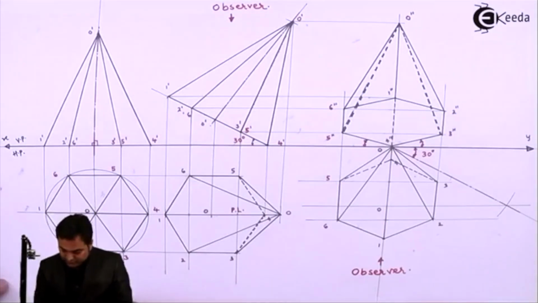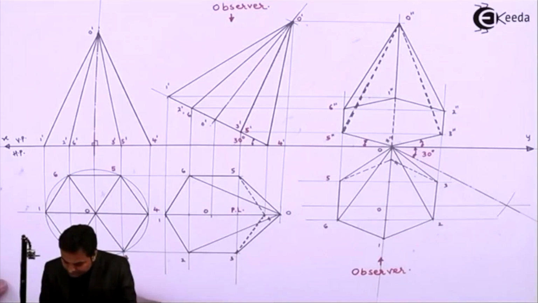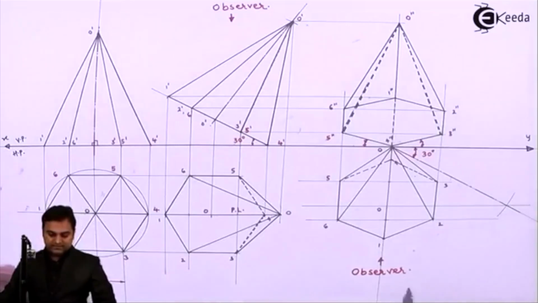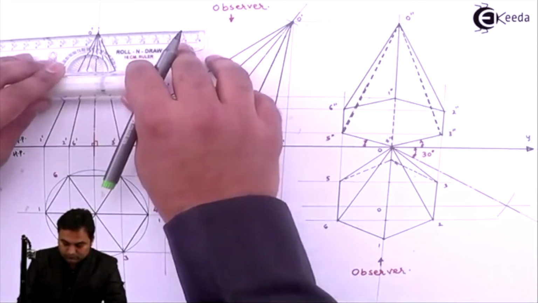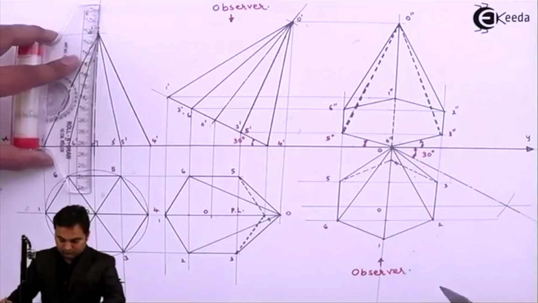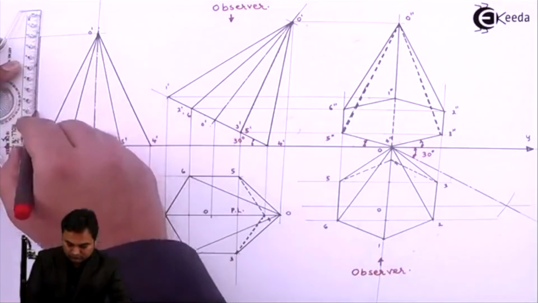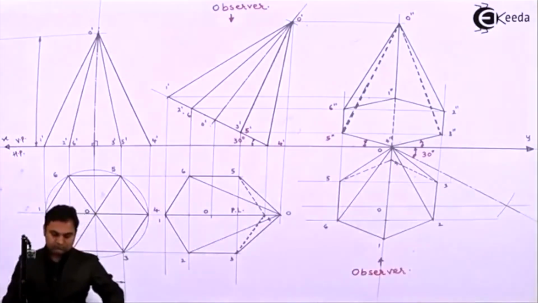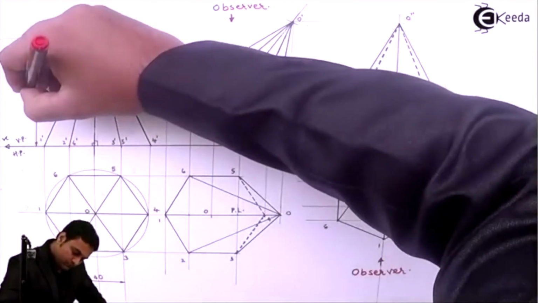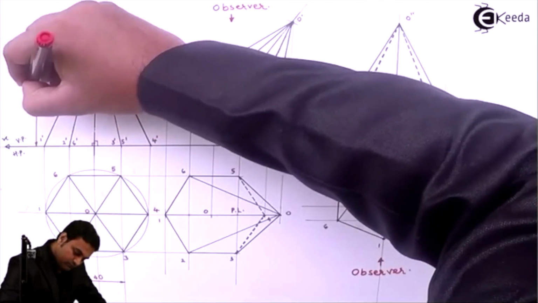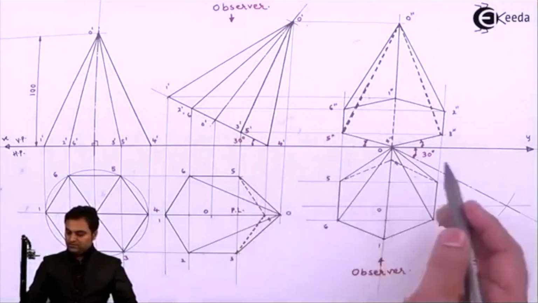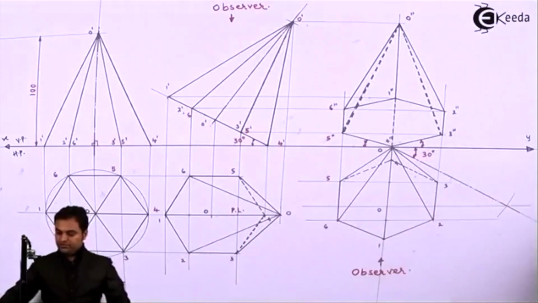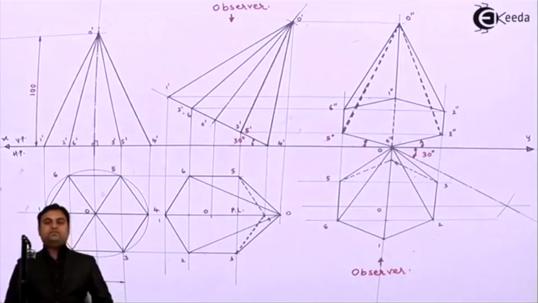Base edge is 40 mm. Axis height 100. And here I have given the angles which was mentioned in the question, and with this we complete the problem.